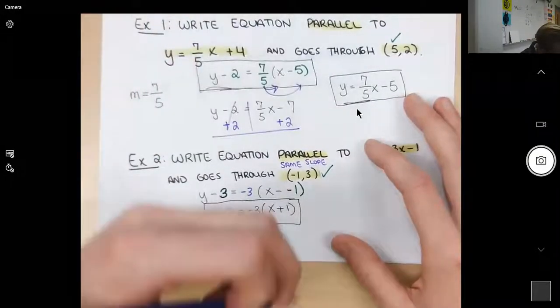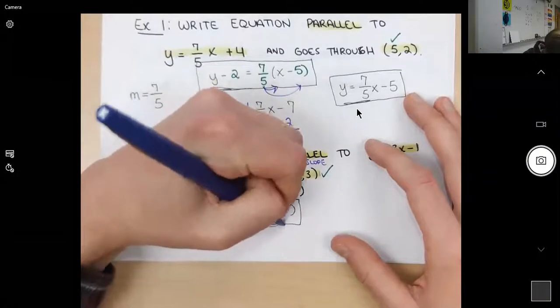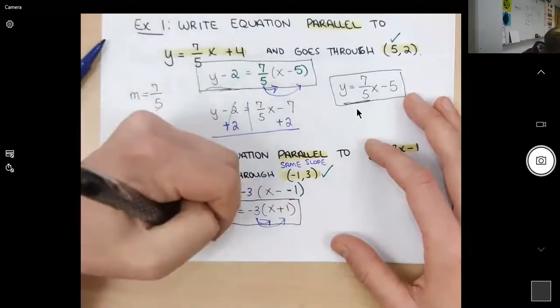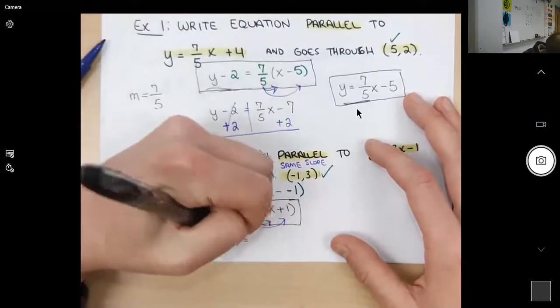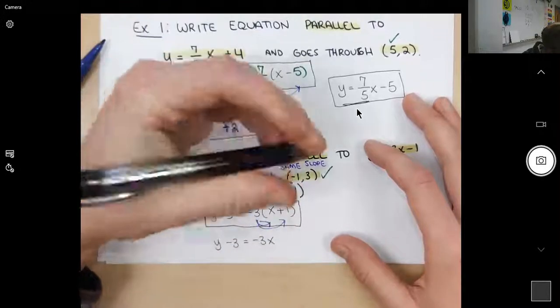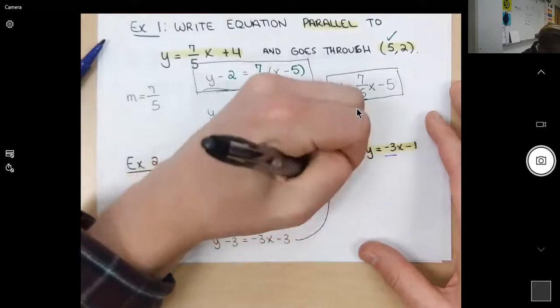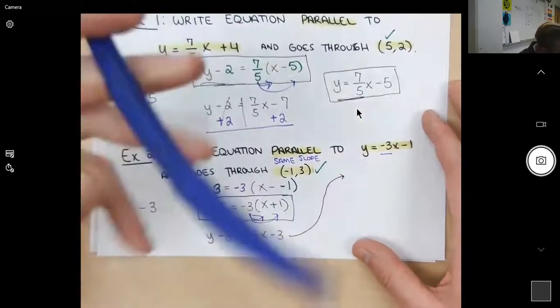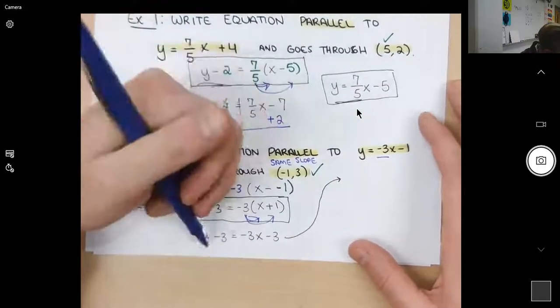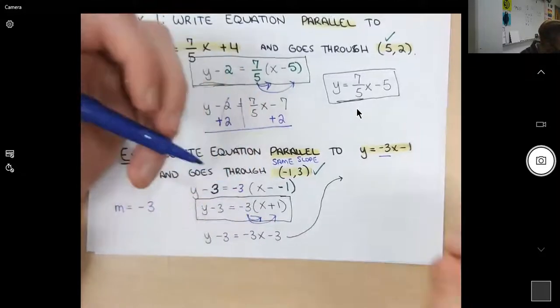So first thing I'm going to do is distribute the -3 to get rid of the parentheses. So -3 times x is -3x. -3 times 1 is -3. Okay, y minus 3 equals -3x minus 3.